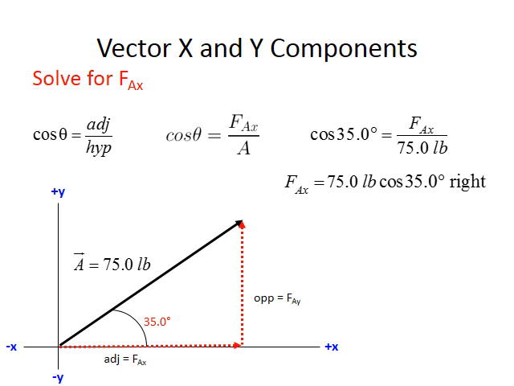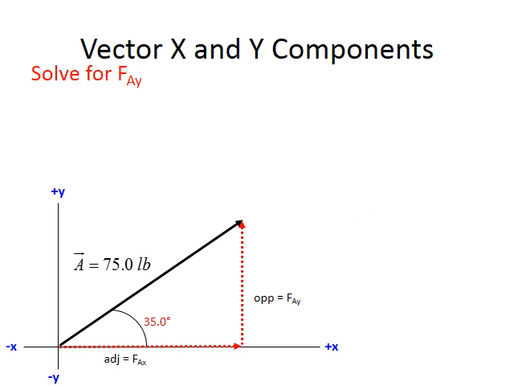And we can also write that in the following manner. F sub Ax is 75 pounds, don't forget our units, times the cosine of 35, and it's to the right. And when we punch those numbers into our calculator, we come up with 61.4 pounds.